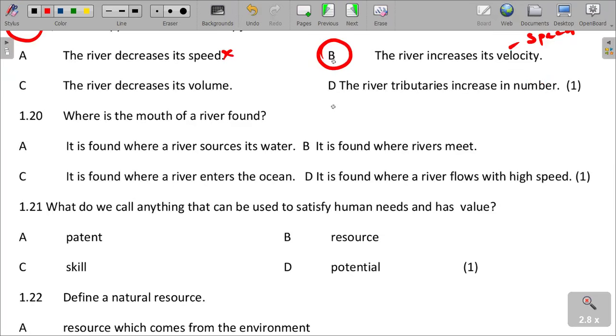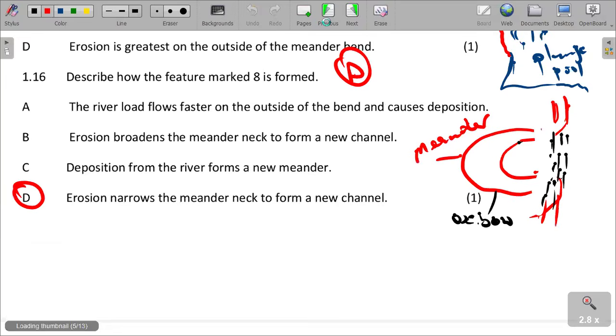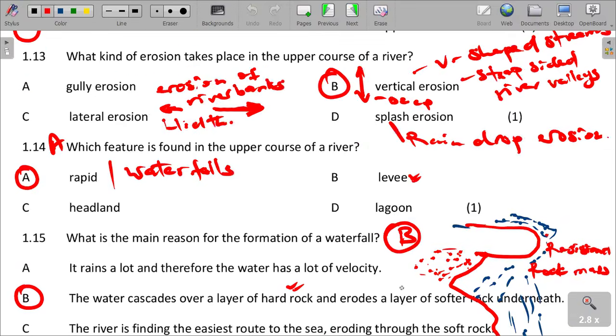And then where is the mouth of the river found? As you have seen from the illustration that I have shown you, the river mouth is found where a river enters the sea or the ocean. The mouth of a river channel is found when the river enters the sea or the ocean.